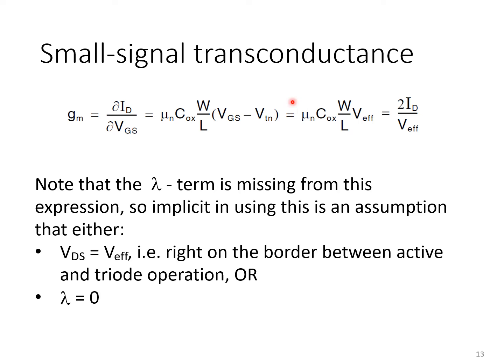Otherwise, there would be extra terms here. Either that, or we're effectively assuming that lambda equals 0, in which case there is no velocity saturation happening. So these are obviously significant approximations, but again, they're useful for building intuition and knowing the dependencies at play here.